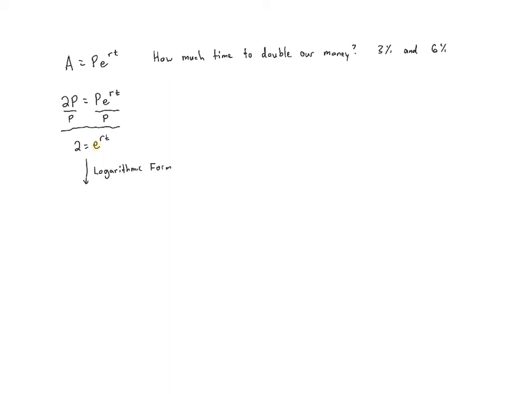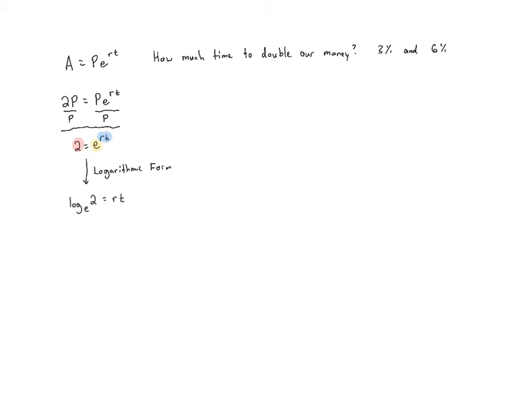Remember, when we've got some sort of an exponent with a base, an exponent, and then the final result, we can rewrite this as a logarithm by writing log of the base, which in this case is e, of 2, that final answer, equals the exponent RT.